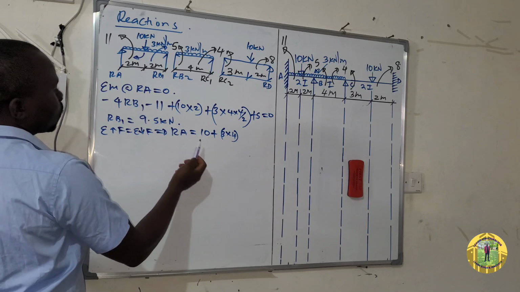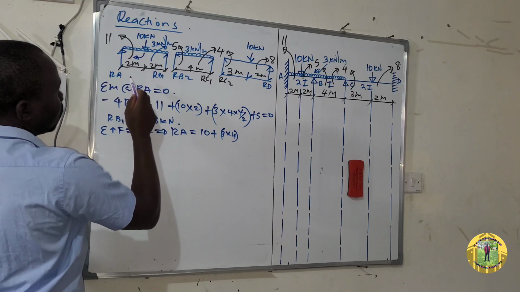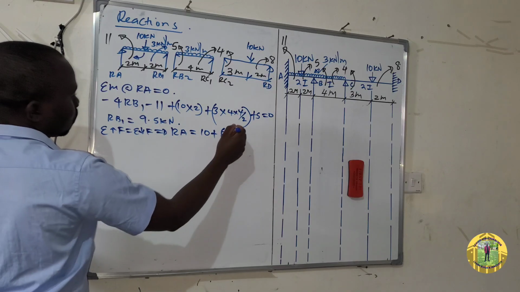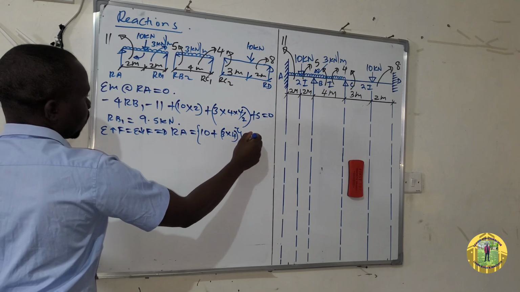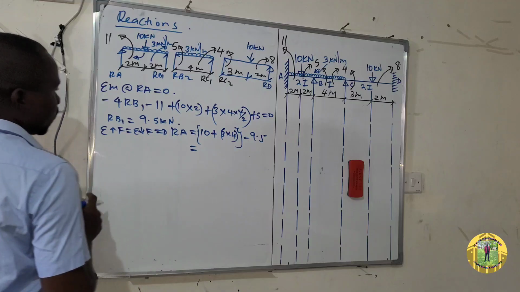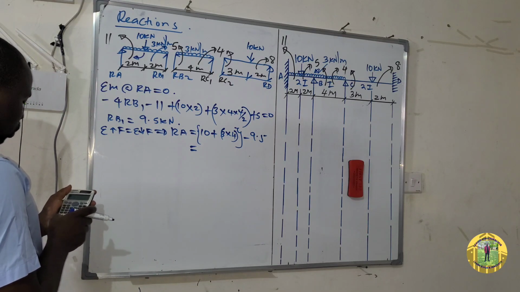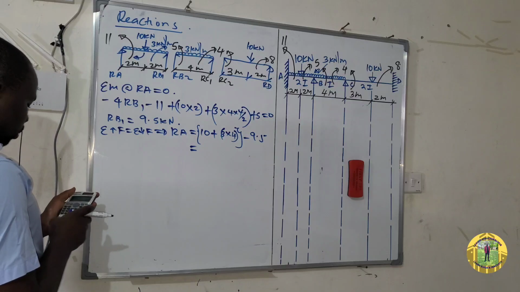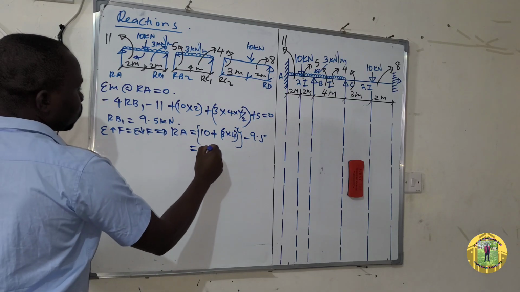The total downward forces is 10 plus 3 times 4. 3 is UDL, so you multiply by the distance. Then minus 9.5. So this is 10 plus 12 minus 9.5. You'll get 12.5 kilonewton.